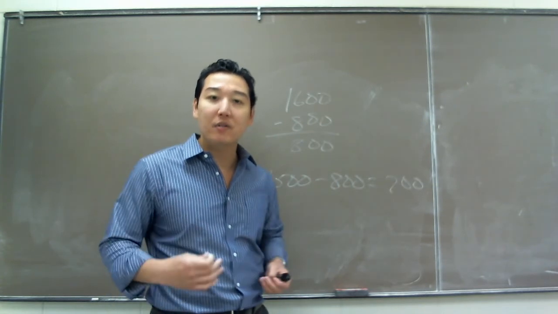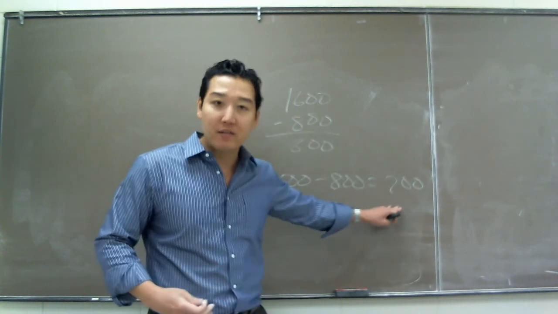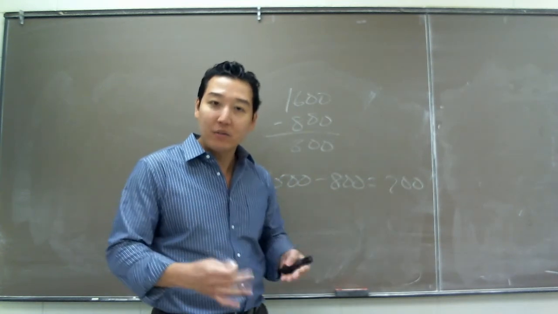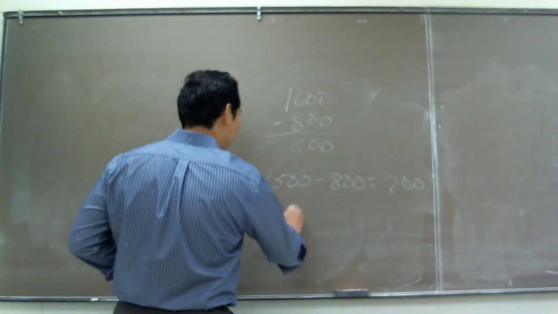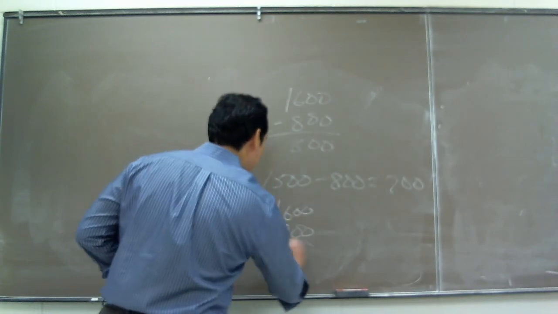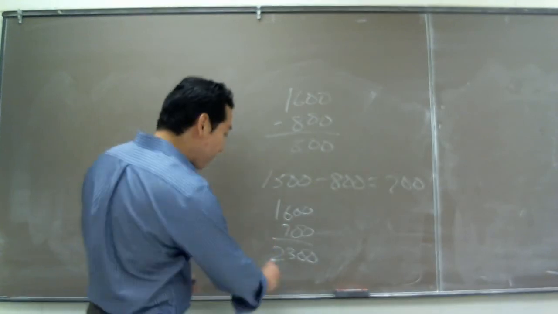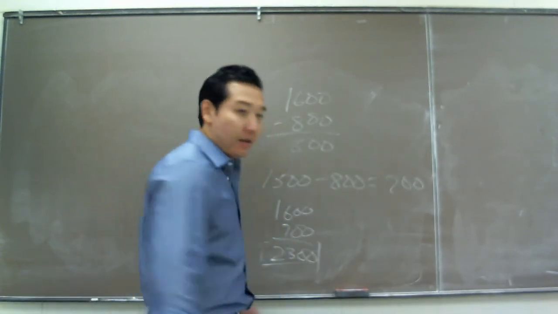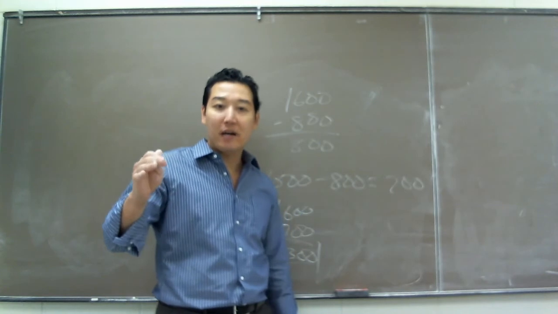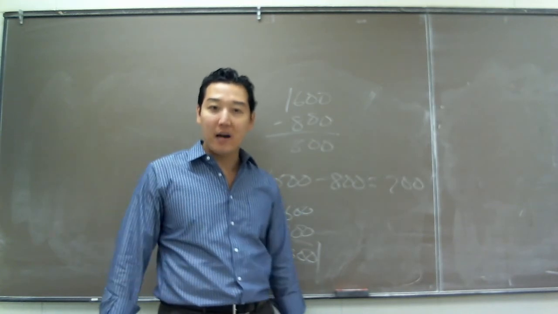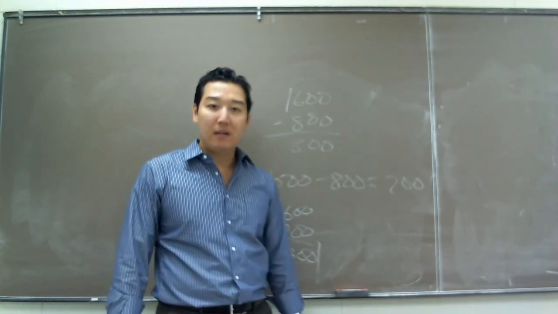This family started out with $1,600. We gave them a grant of $700. And so if we add those amounts, this family has a total take-home pay of $2,300. And so those are the answers to exercise number 2 in your slides, if you want to check that later.